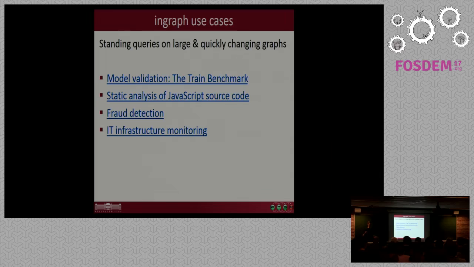So if you have a fraud graph and you would like to detect fraudulent links or users that are doing fraudulent behavior, then incremental graph queries can be very useful. Also, if you have a huge IT infrastructure, that can also be modeled as a graph. And obviously, it's changing very quickly, and you would like to have a lot of warnings in case something goes wrong.